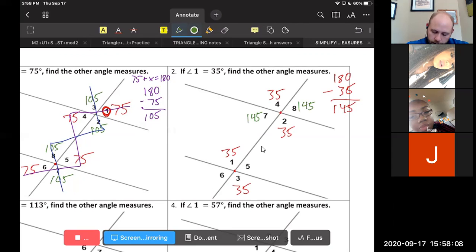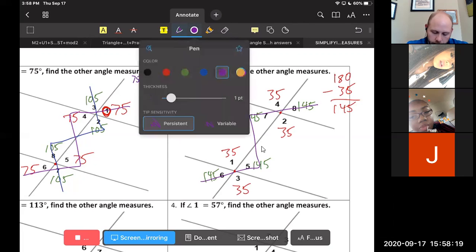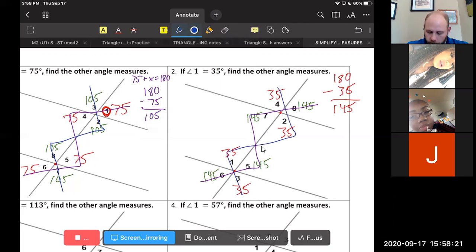And then this is 145, and this is 145. So here's my pattern, and here's my pattern. So you have a little crisscross all the time.